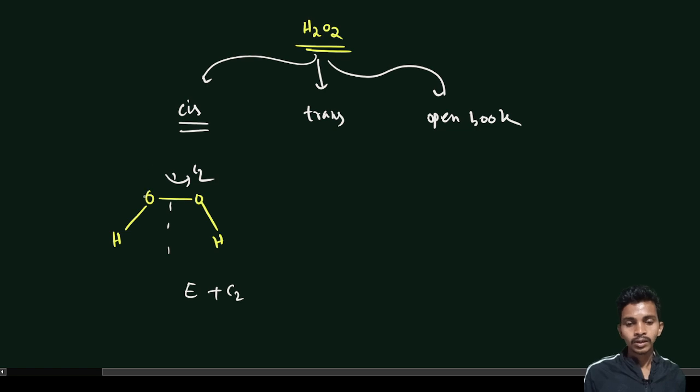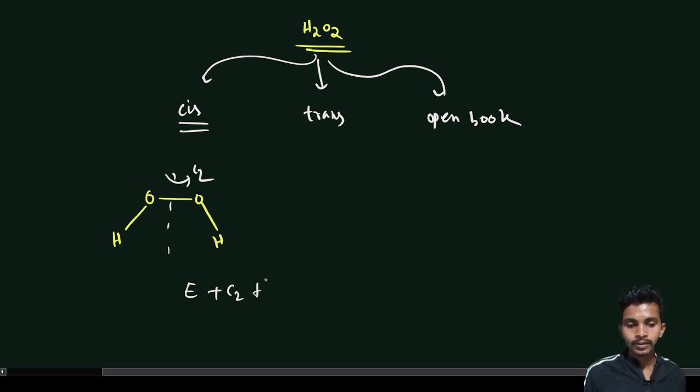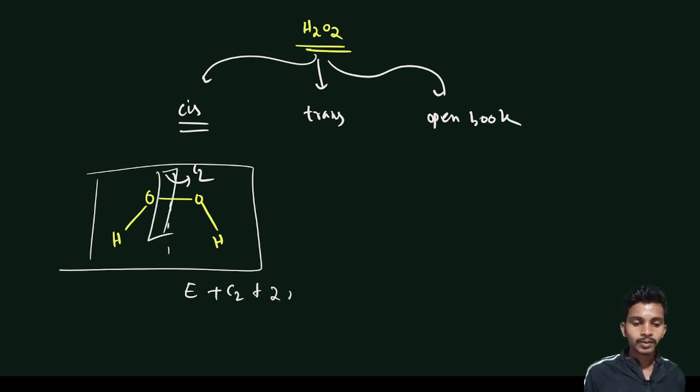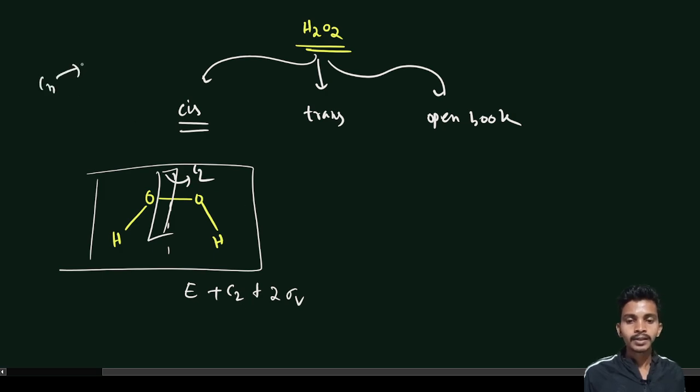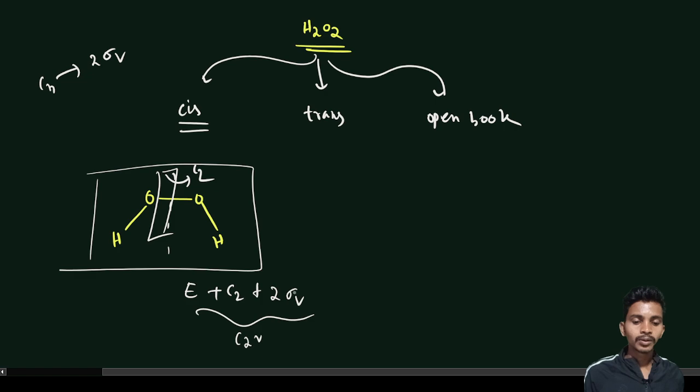No, because this will reflect to this C2. Yes, 2 sigma v is there. One is the molecular sigma v, another is 1 sigma v cutting in this direction. So 2 sigma v is there. So C2 means Cn is there, and if we get 1 sigma v, then there must be 2 sigma v. So this group is the C2v point group.